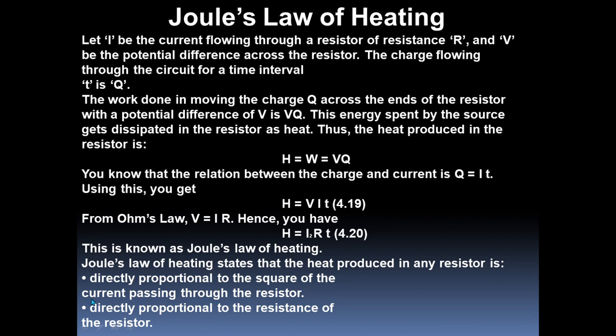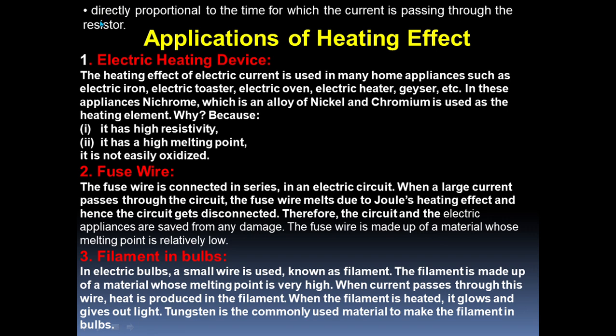The second point is that heat produced in any resistor is directly proportional to the resistance of the resistor. The third point is that heat produced in any resistor is directly proportional to the time for which the current is passing through the resistor.